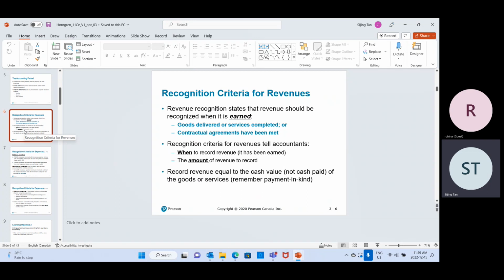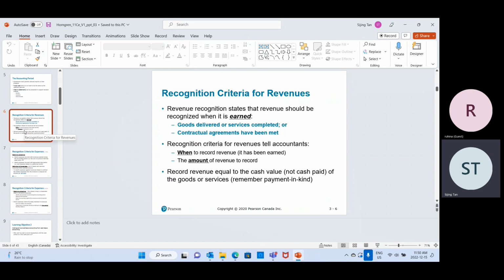So if the goods have been delivered, completed, we have to recognize that revenue. The amount of revenue recorded equals the cash value of the goods or services transferred to the customer. We should have an exhibit from our textbook to illustrate the recognition criteria for revenue. We're also going to have examples.